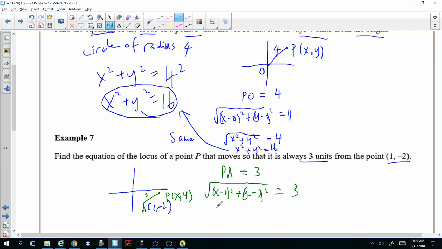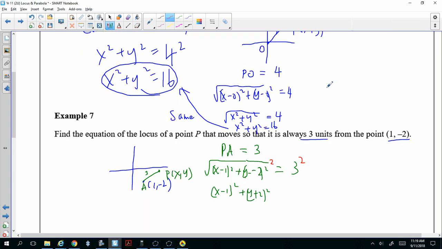So you get x minus 1 all squared plus y plus 2 all squared. I'm going to square both sides to get rid of the square root, and you end up getting this equal to 9. Which is basically the equation of a circle with center at 1, negative 2, and the radius equal to 3. All right, make sense?